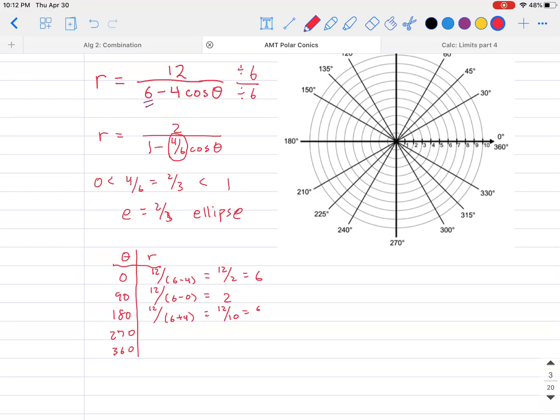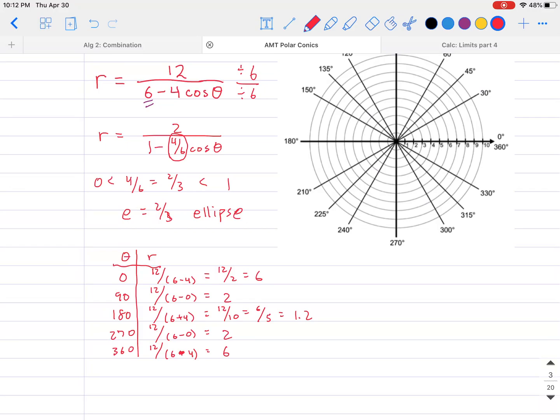So that gives me 12 divided by 10, which is equal to 6 over 5, or if you want, you can say 1.2. At 270, you get 6 minus 0 once again, so that gives you 2. And finally, 360, that's going to give you 12 divided by 6 plus 4. I'm sorry, 6 minus 4. So that will give you 6 once again, just like before.